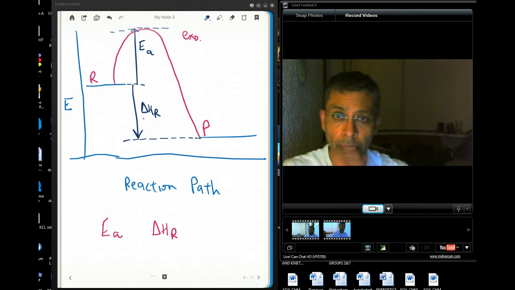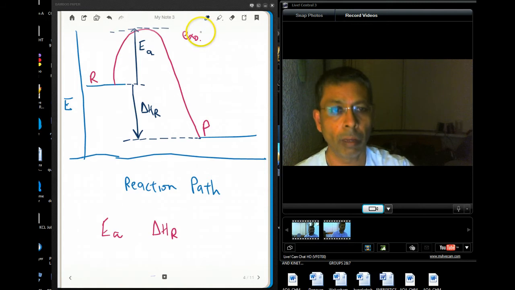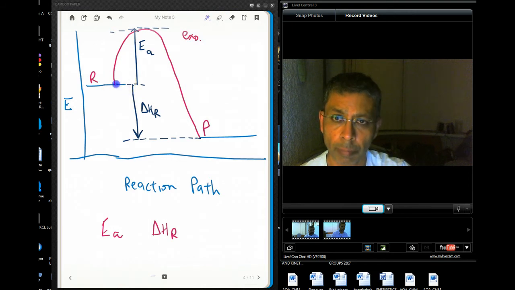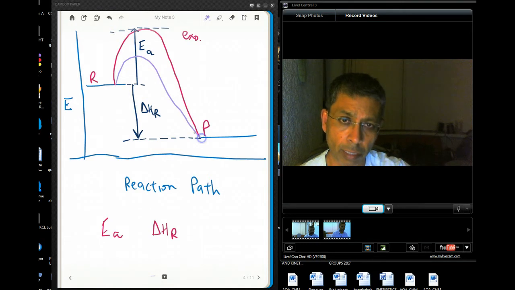Okay, now if you were to add a catalyst to your reaction mixture, then you know that the catalyst will reduce the activation energy. So let's have a look at the brand new curve this time. Start off at the same place, the curve will be slightly lower, and end up at the same place there, look.